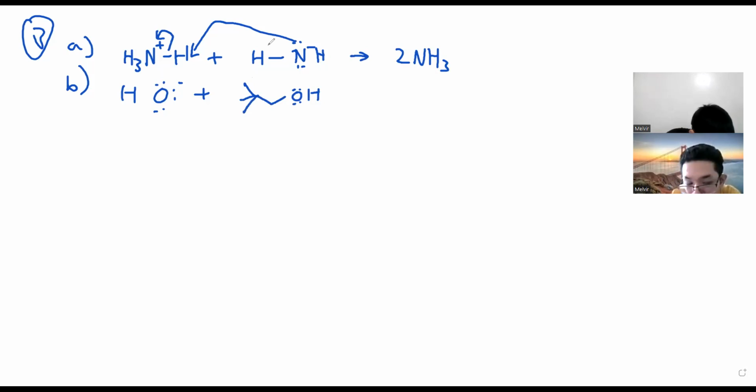sobra yan, Josh. That carbon, yung tertiary carbon mo, it's now directly bonded to OH, not CH2OH. Di ba? Oh, you try to understand their structure.